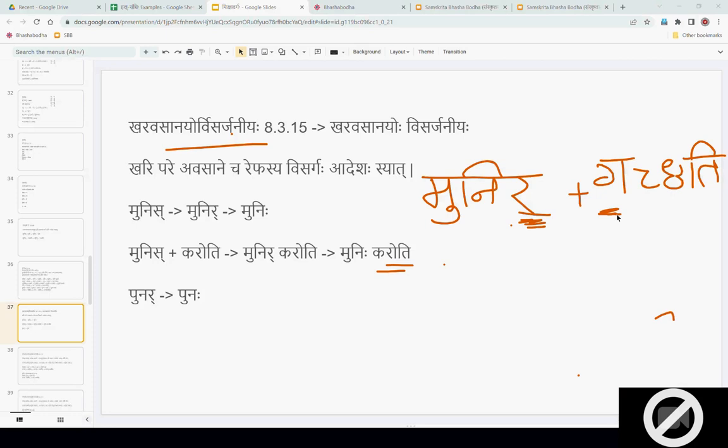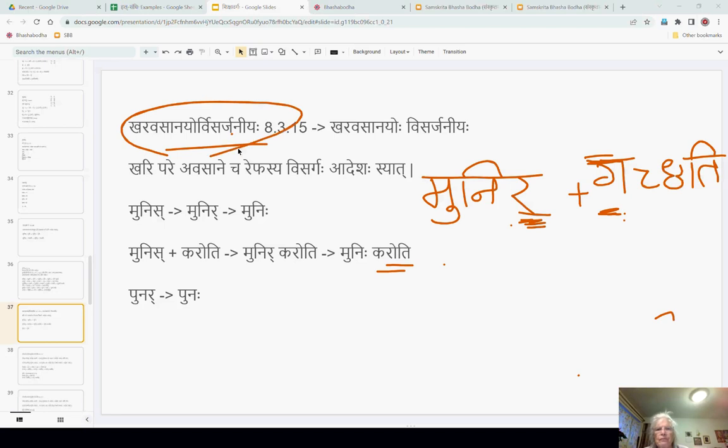Ga is following. Ga is not a khar letter. It is a soft consonant, not a hard consonant. Because it is a soft consonant, this sutra cannot be applied here. So this ra will not change to visarga.